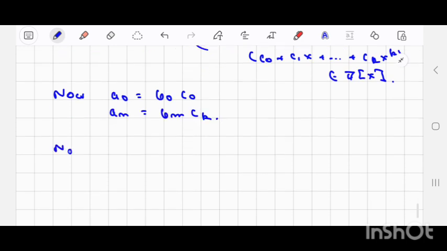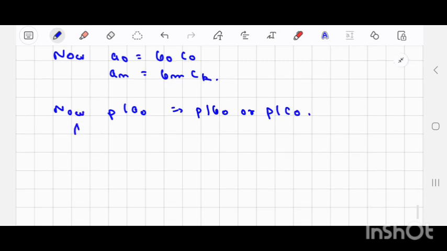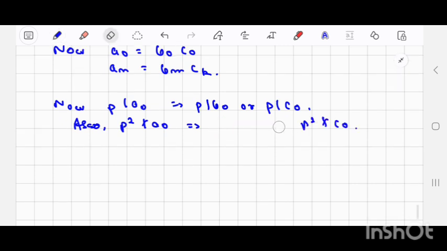Now what do I have? P divides a0, that implies that p divides b0 or p divides c0 by Euclid's lemma. Also, p squared does not divide a0. That means... no, I can't say about this, sorry.